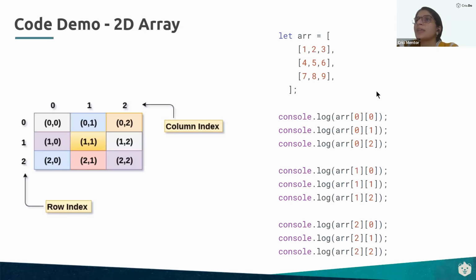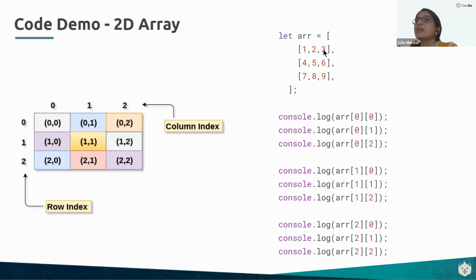Pay attention now. Let's say I'm having this 2D array, right? Since in an array, indexing starts from 0, this is row 0, row 1, row 2. Column 0, column 1, column 2. Now, if you have to access any element, you write 2 pairs of square brackets. The first pair talks about the row index and the second talks about the column index.